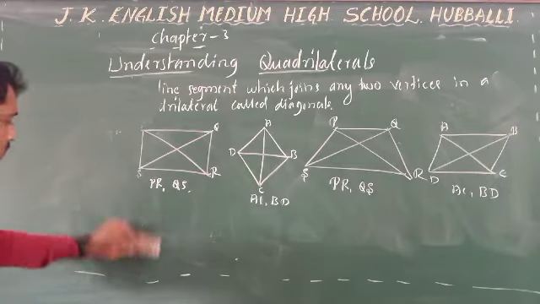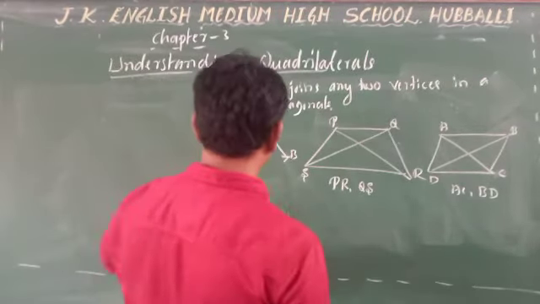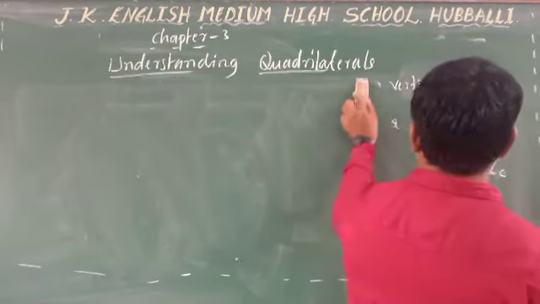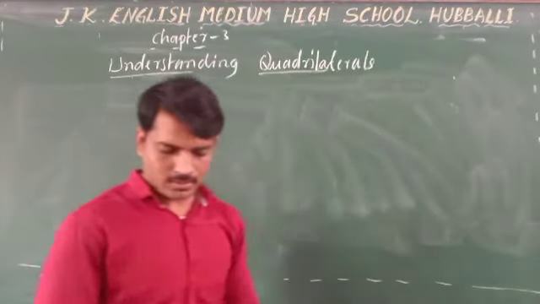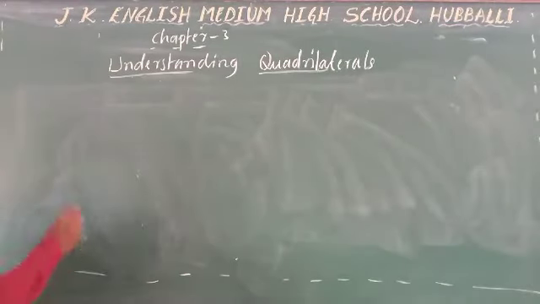The next point is regular and irregular quadrilaterals.